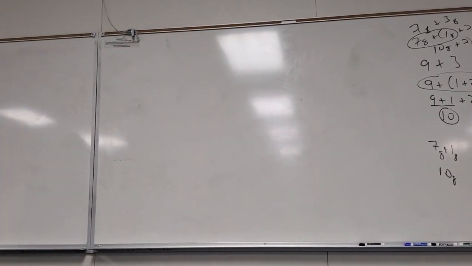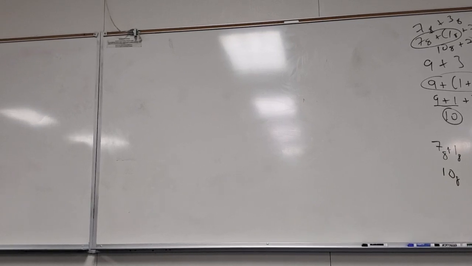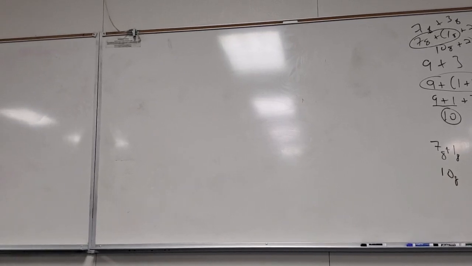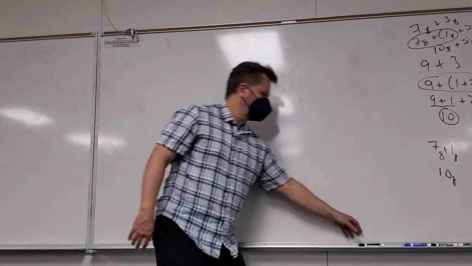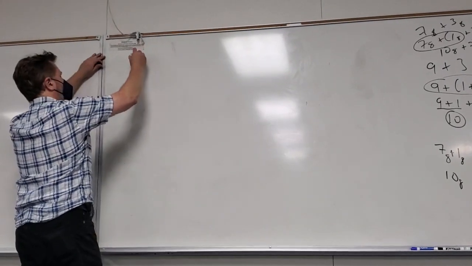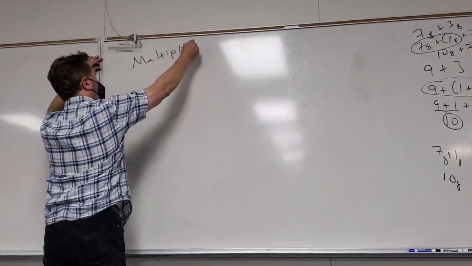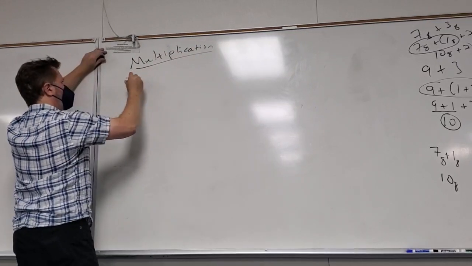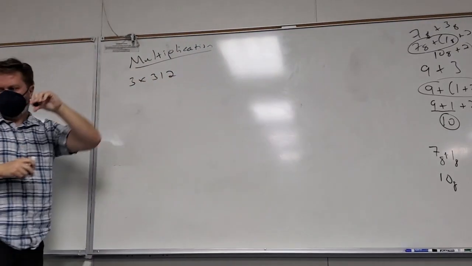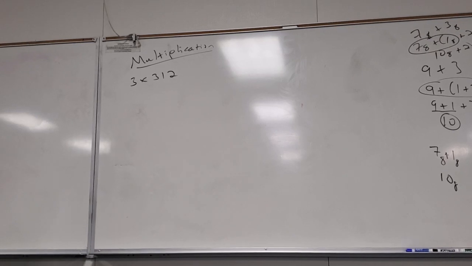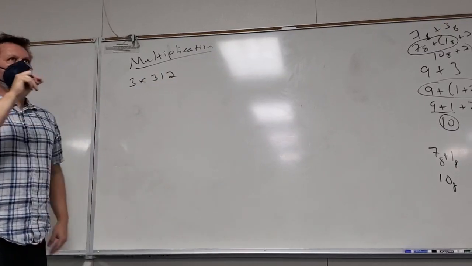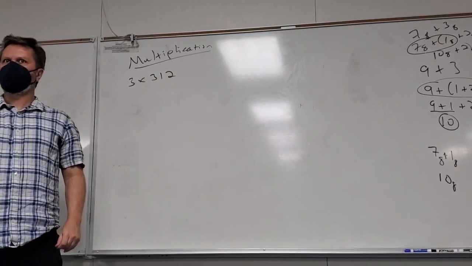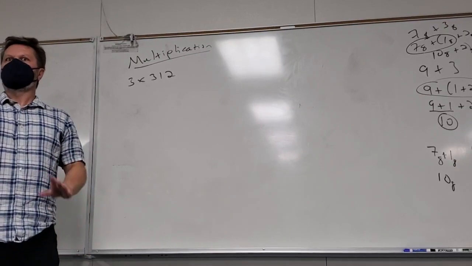So coming back real quick to the multiplication part of things. When you have a problem like times 312. That one's pretty straightforward. Another way to do this problem with manipulatives, what do you guys think?